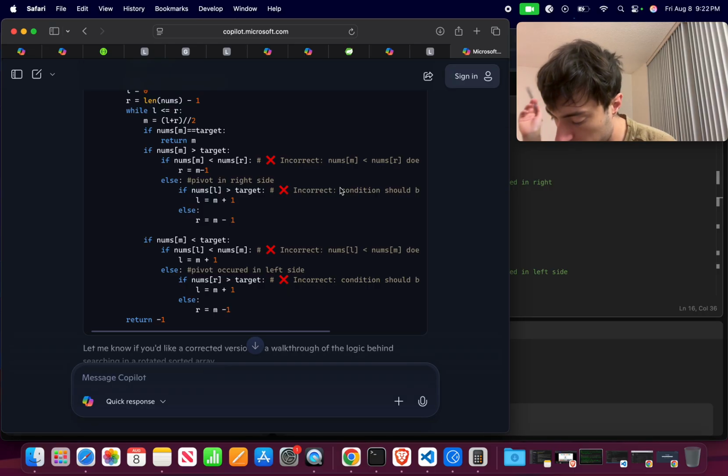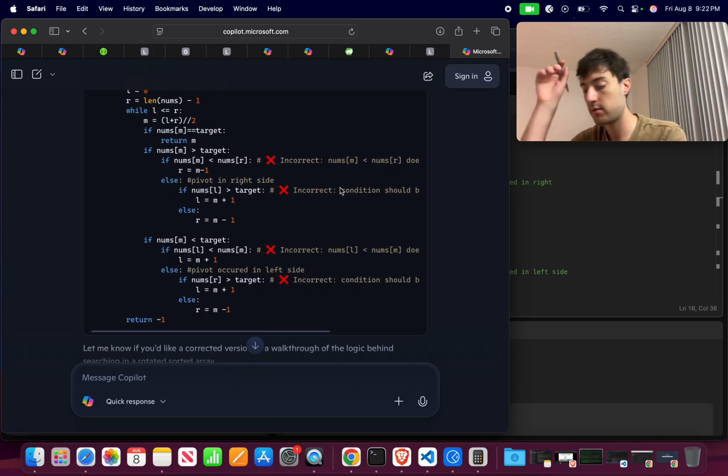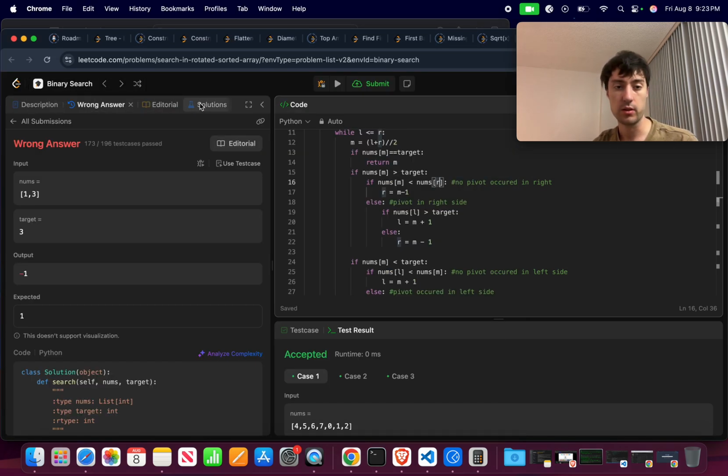But that implies that the right-hand side is. There's no pivot in the right-hand side. It's in the left-hand side. I don't think that's correct.